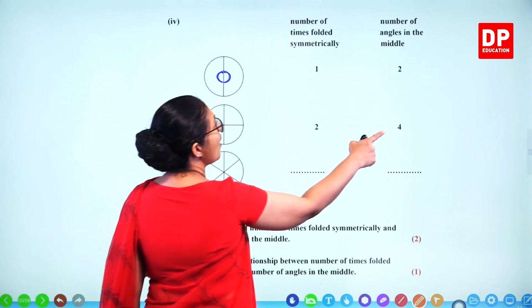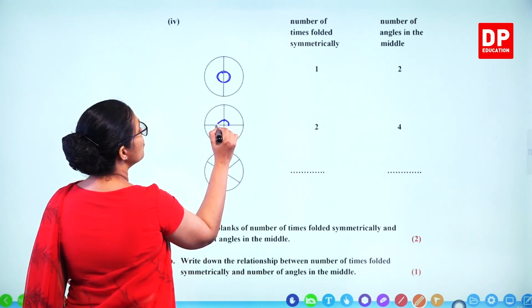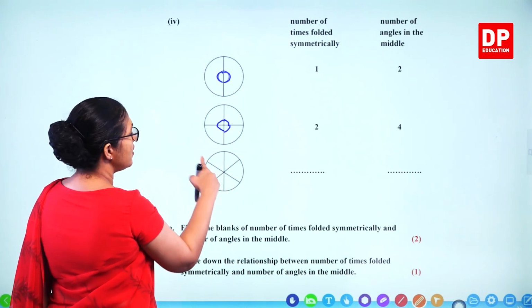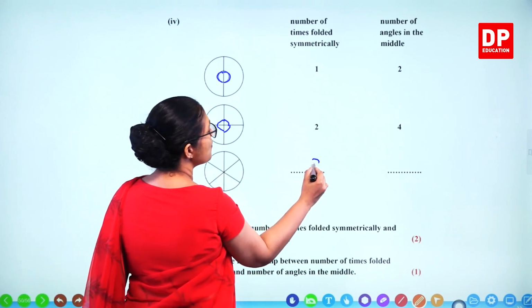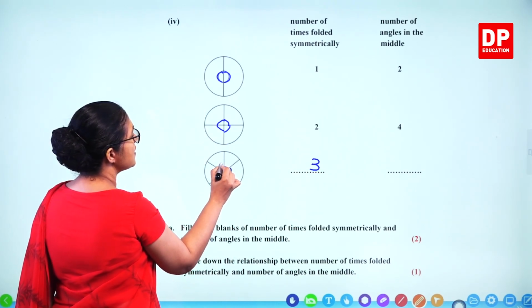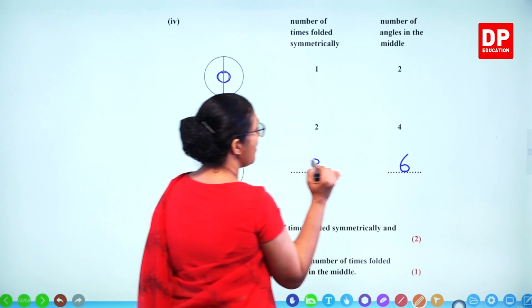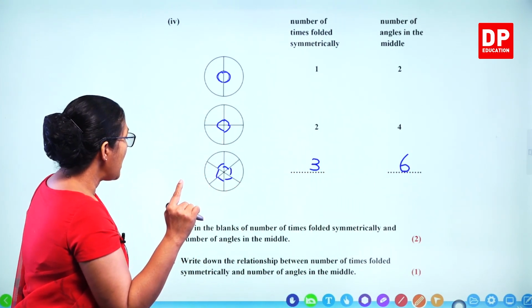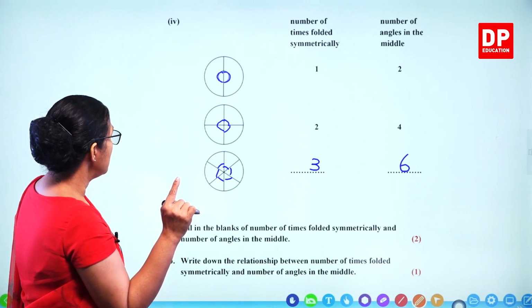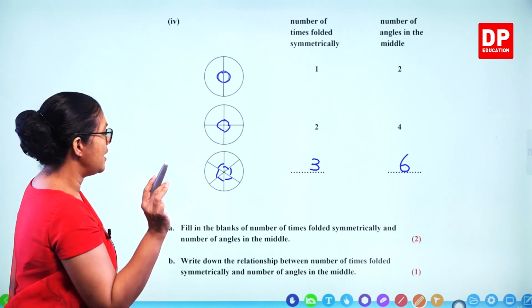So how many angles? 1, 2, 3, 4. Then divided into 3 times folded. Then how many angles? 1, 2, 3, 4, 5, 6. 6 angles are there. Fill in the blanks of number of times folded symmetrically and number of angles in the middle. So we did that.